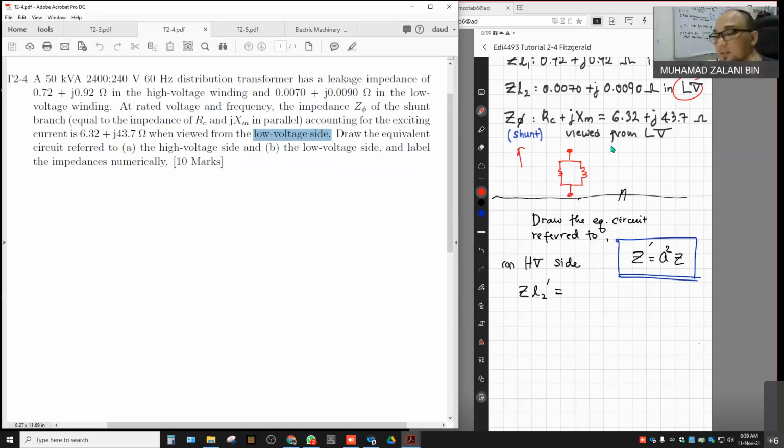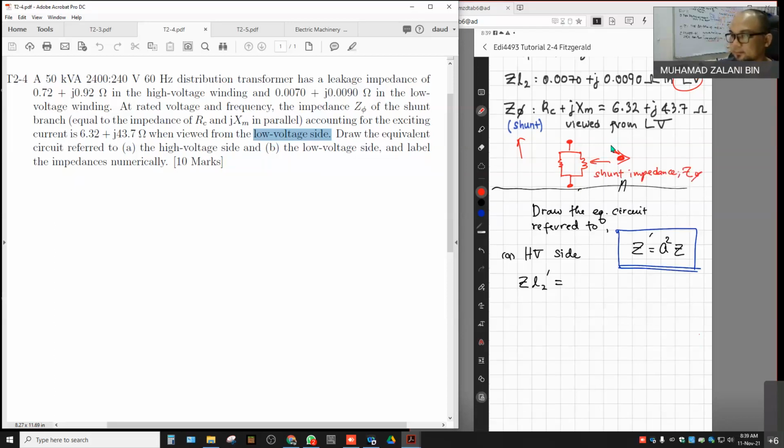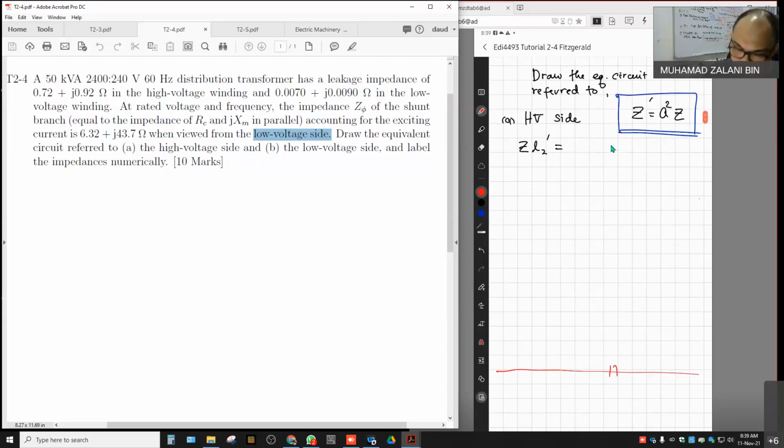This is viewed from the low voltage side.